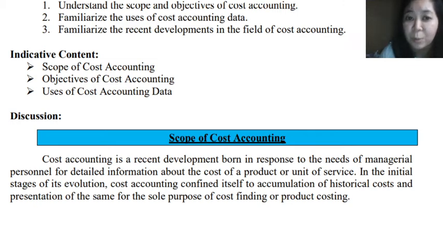They also use this information if they will give incentives or punish their personnel or division for their performance based on the cost that they incur. That's how cost accounting has evolved as time passes by.